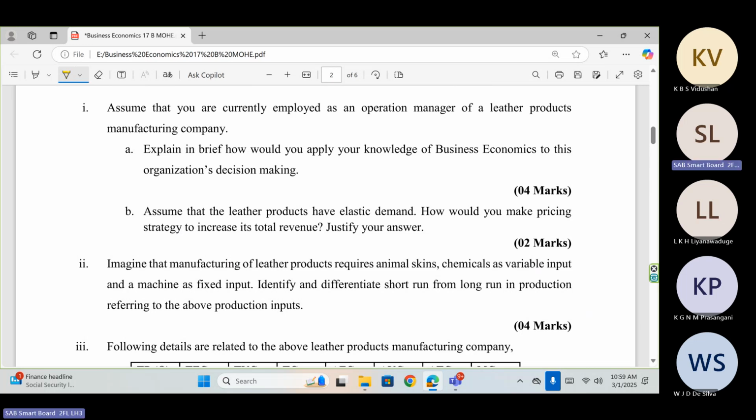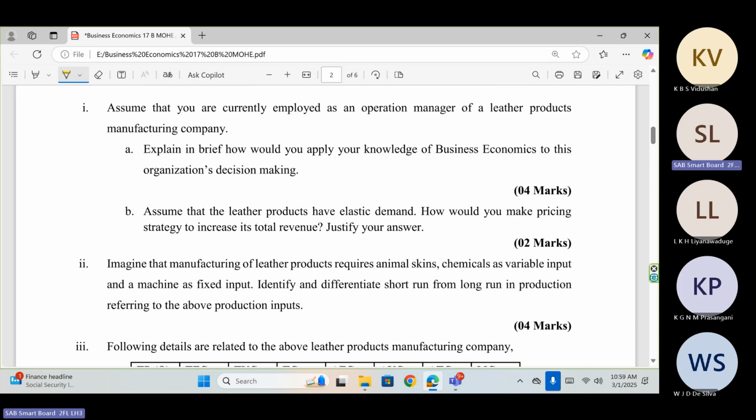In this business, you can write down, assume that at the initial point, they have started with one machine and continue operation in the short run by increasing animal skin, chemicals and the other variable inputs.